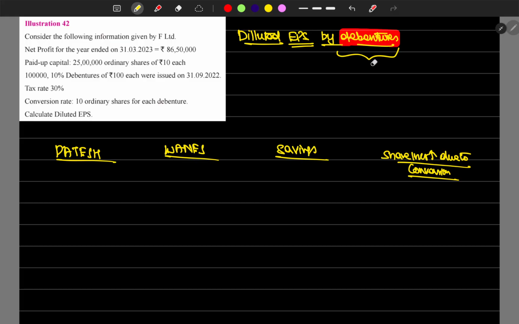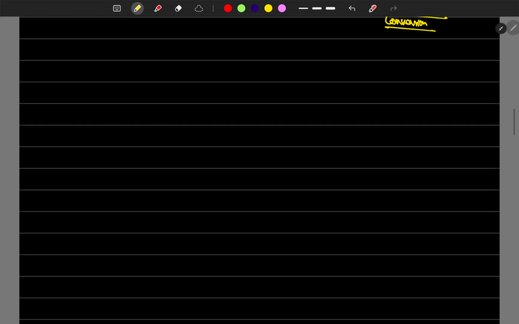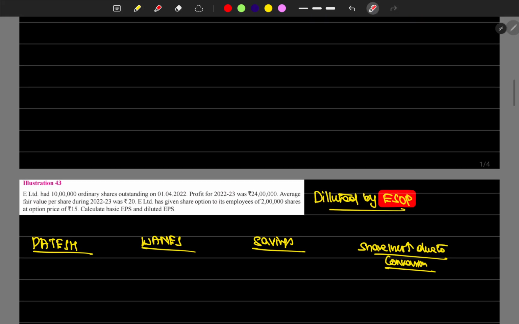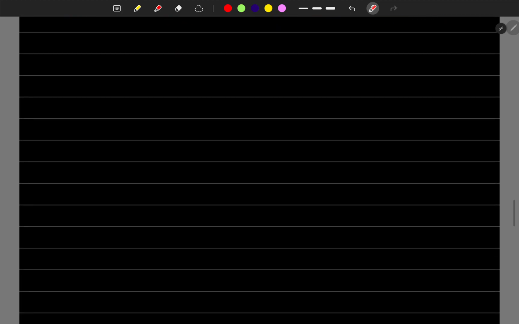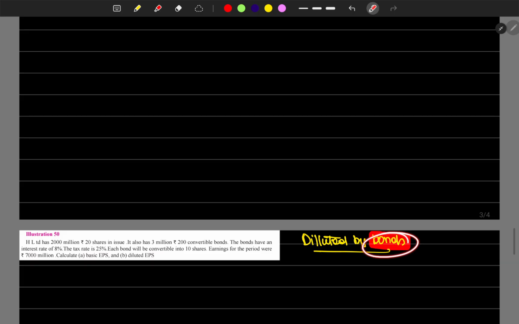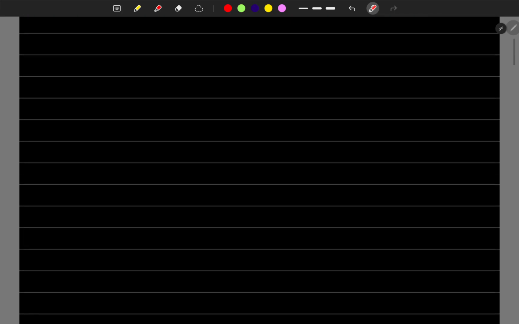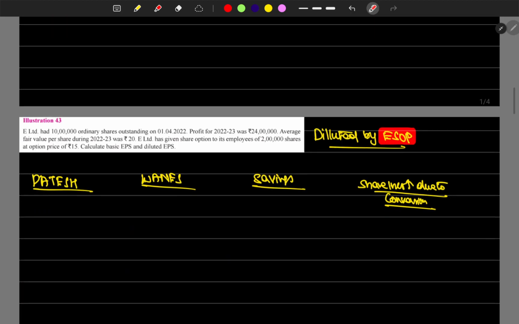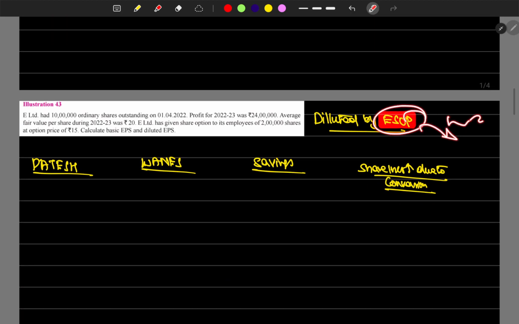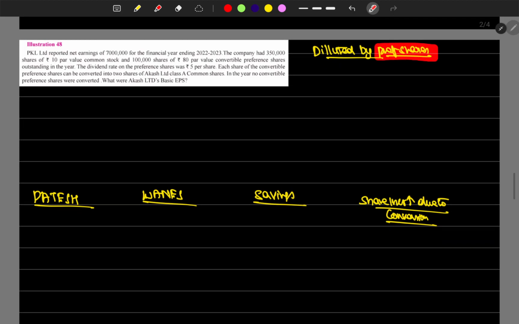Diluted EPS can happen by debentures, by ESOP, by preference shares, and by bonds. So debentures can be converted into equity shares, right? And ESOP is the introduction of new shares at a discount price.